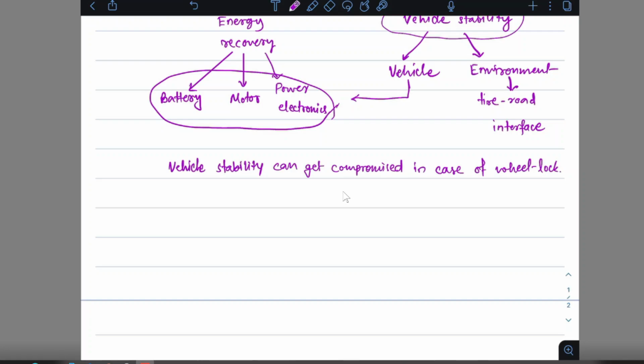And this is where it connects to the idea of the anti-lock brake system, which prevents the wheels from locking.